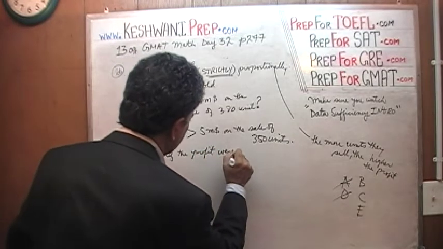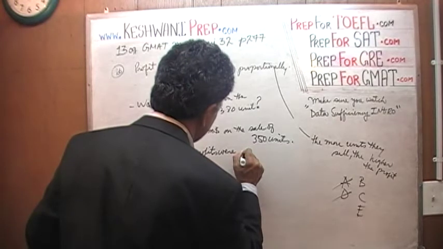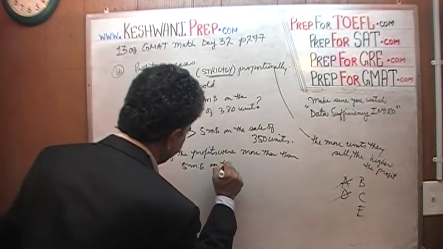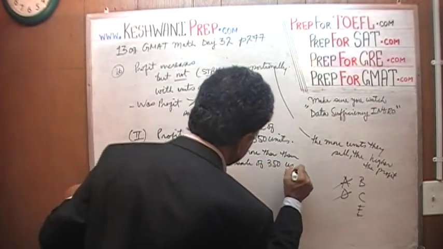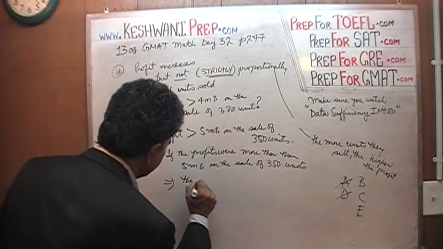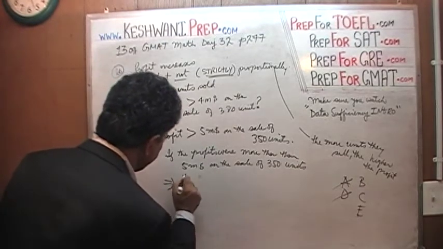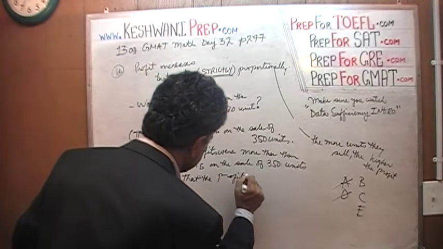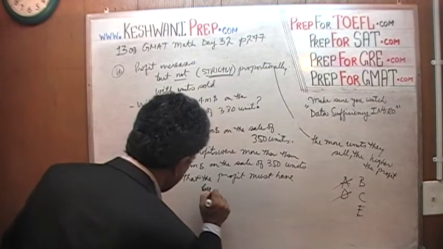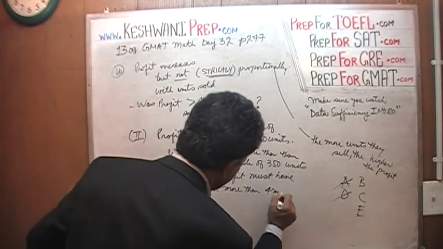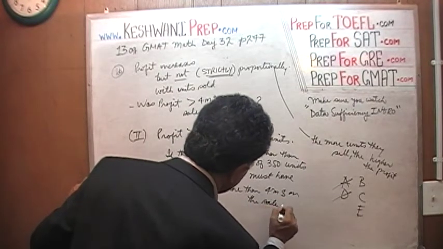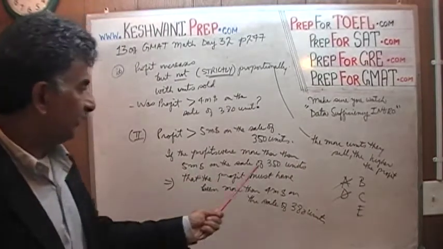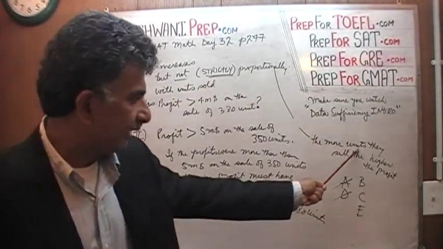that of course implies that the profit must have been more than $4 million on the sale of 380 units, because they have already exceeded a profit of $5 million when they sold 350 units, and we know that the more they sell, the higher the profit.